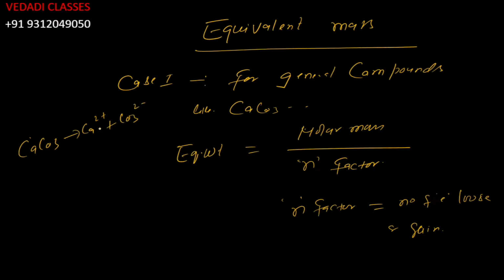So there will be a loss of 2 electrons or a gain of 2 electrons, meaning the N factor is 2. Now find the molar mass: 40 plus 12 plus 16 into 3, so it will be 100. So the equivalent weight of CaCO3 will be 100 divided by 2, which is 50.